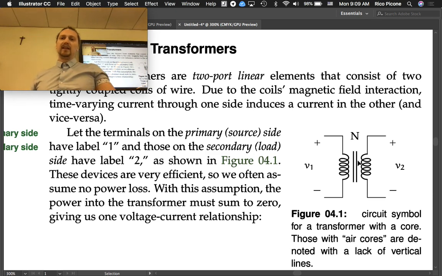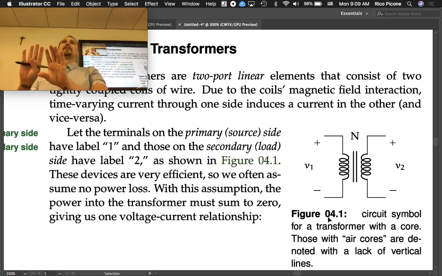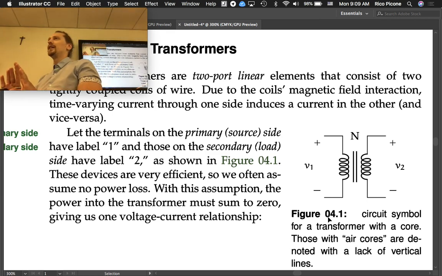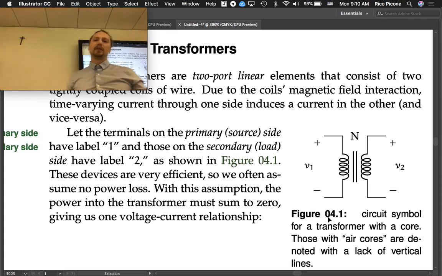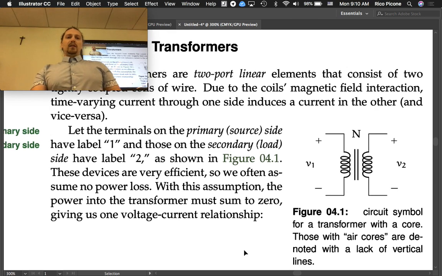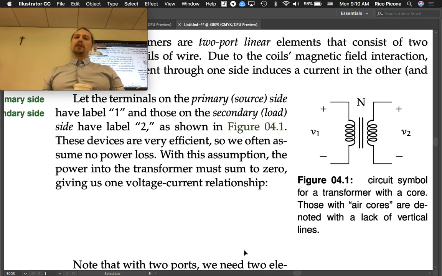And the core, if there is a material core, a solid core, then we see these vertical lines. If there's not, then you see the same symbol but with no vertical lines. The so-called air core would have no vertical lines in it. So these devices are very efficient, so we often assume that there's no power loss.